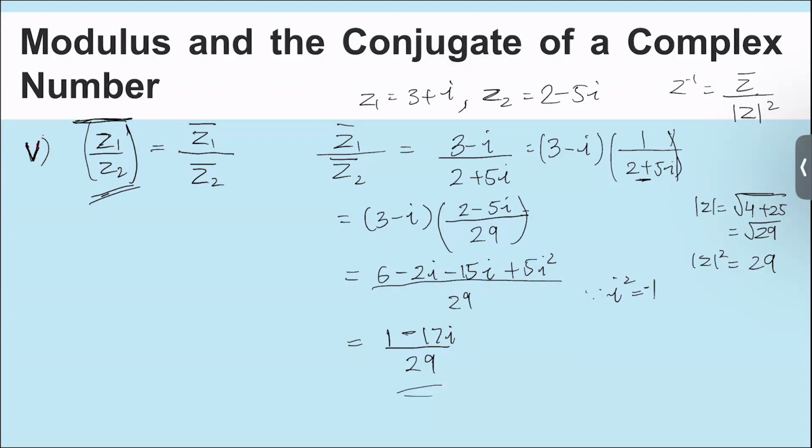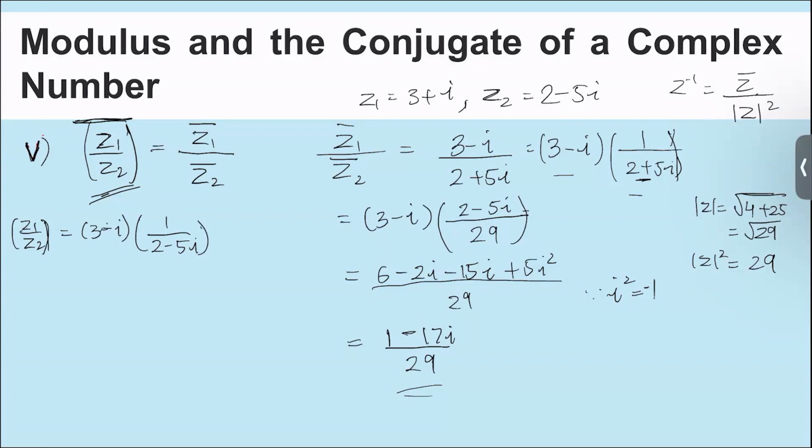Okay, so for now, maybe we can just solve it quickly and see if you do get the result. Okay, so over here we will first find only z1 by z2. So over here z1, you directly write it in this term. So you have 3 minus i, and the multiplicative inverse of 2 minus 5i.